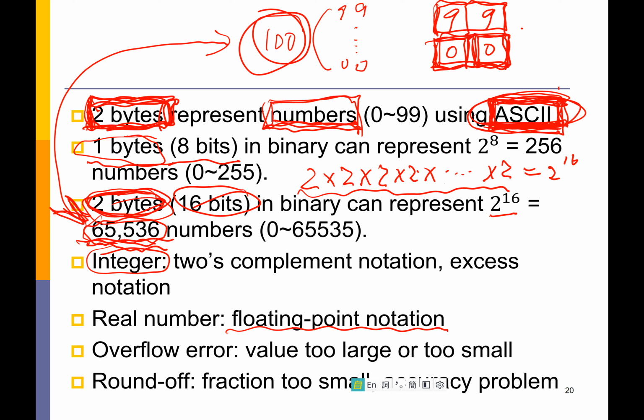So, let's continue. First, let's talk about integers. I'm going to show you two kinds of notation. The first one is called SS notation, and the second one is two's complement notation.